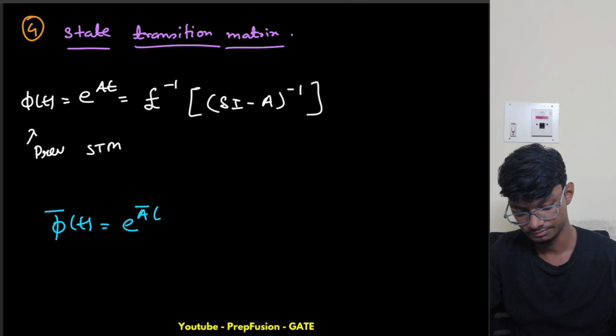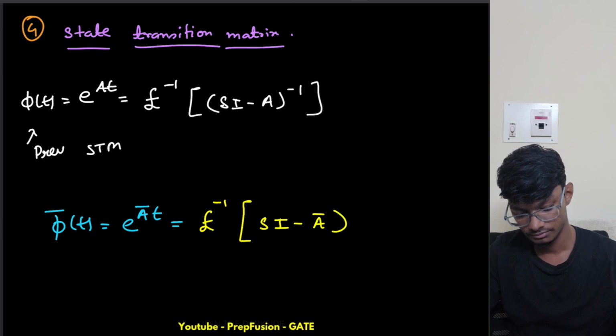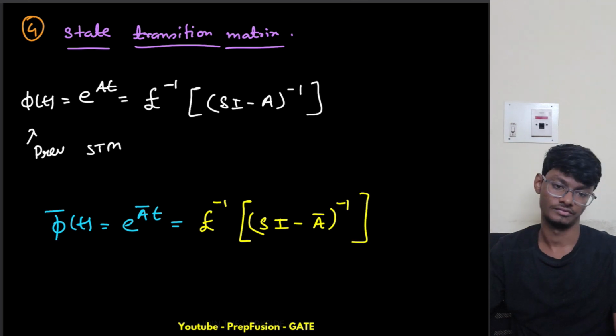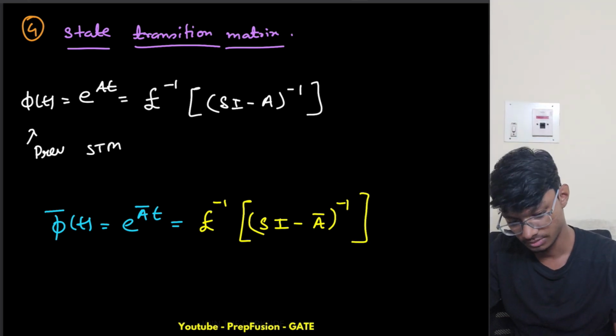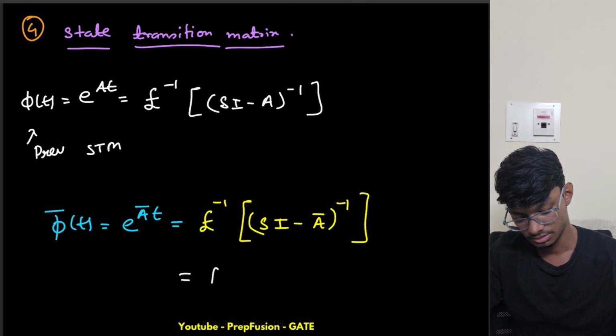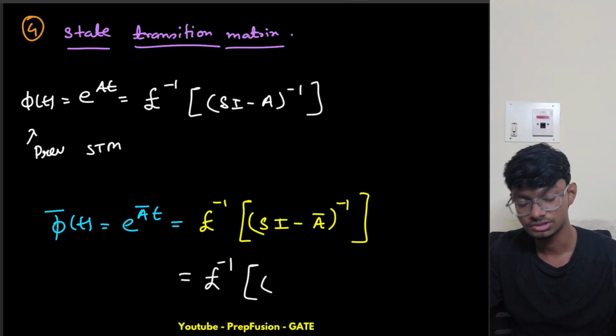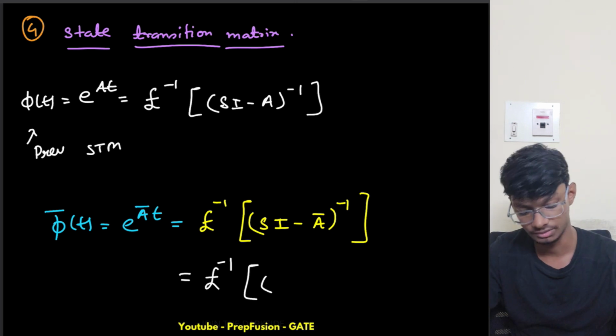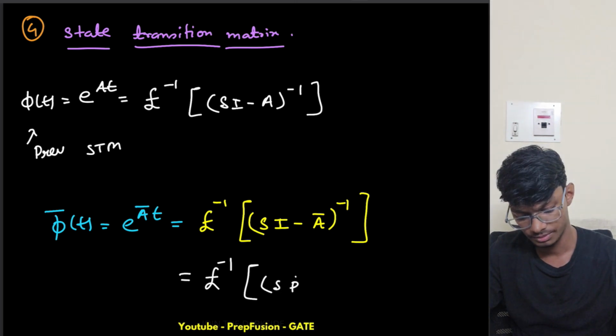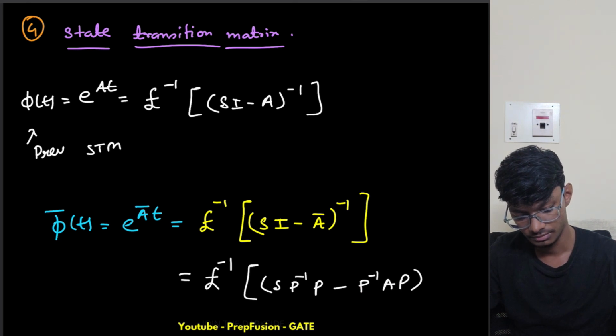equals e raised to power A bar t, which equals the Laplace inverse of (sI minus A bar) whole inverse. Now again I will do the same similarity transformation. I will replace I with P inverse P. So this is P inverse P, and this is P inverse AP, and this is whole inverse.